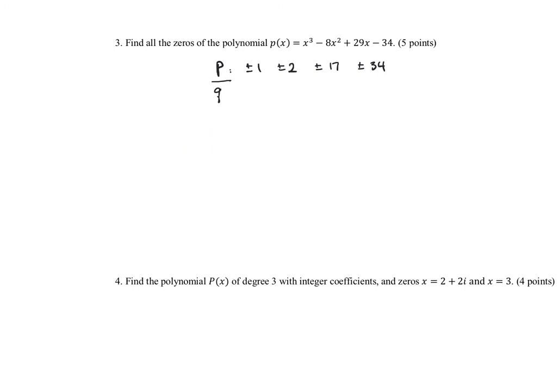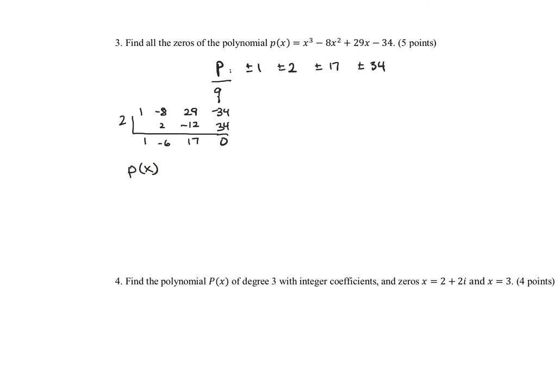So we could try 2. Okay, it looks like we found it. X equals 2. So what we have found is that x equals 2 is a 0.